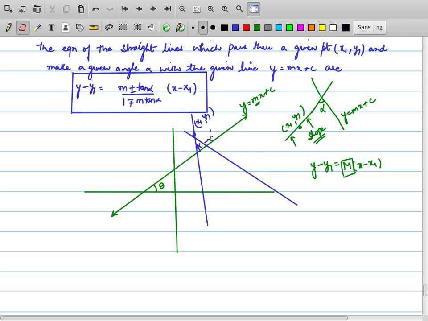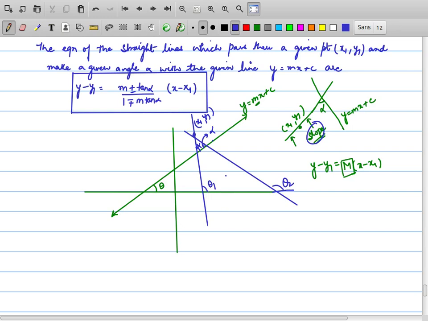This angle is alpha. So we are interested in finding the slope of our line. Now if this is the case, let the angle be theta 1, and if this is the case, the angle is, let's say, theta 2.